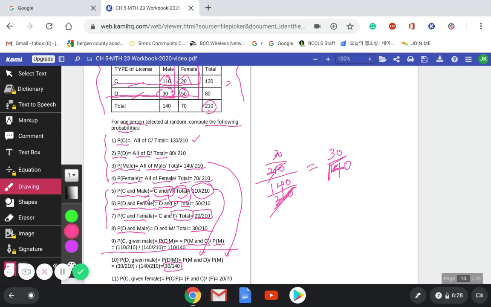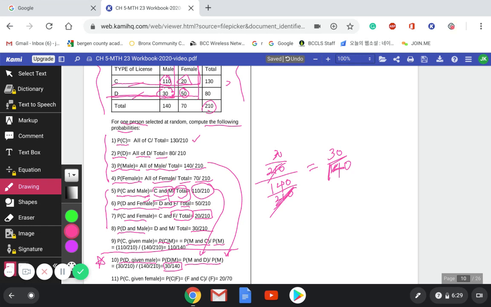Then how about number 10? The probability of D given male is the probability of male and D license divided by the probability of male.